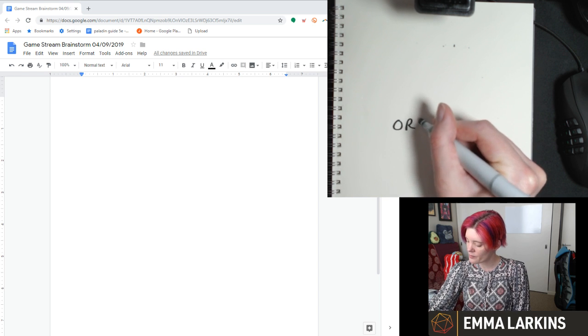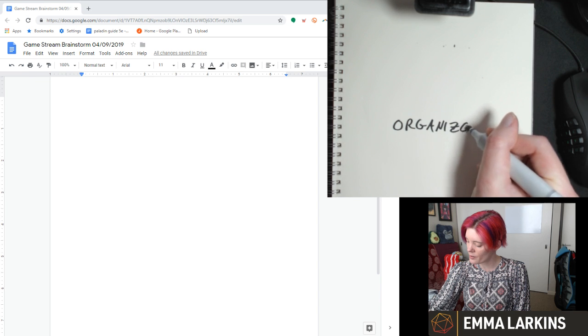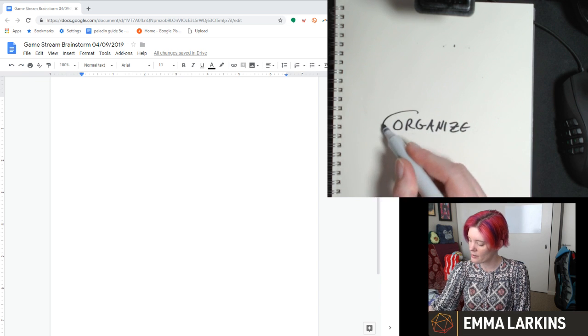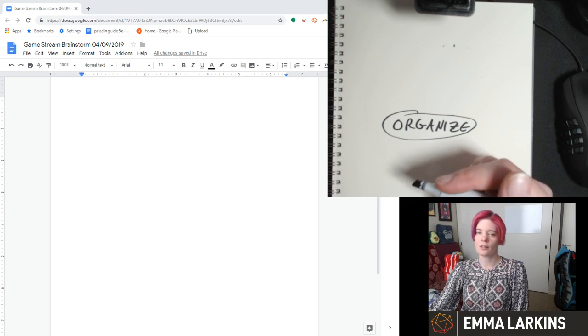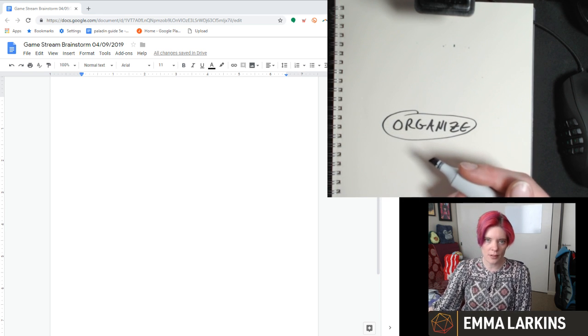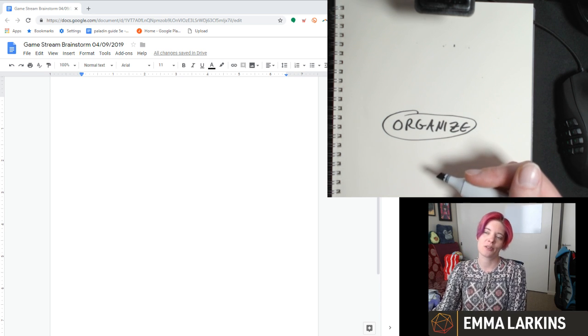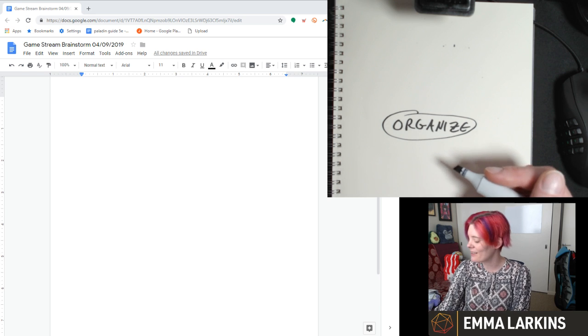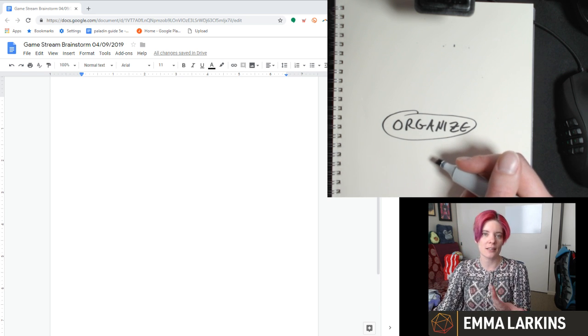Alright, so we'll just start off with the word organize here. I like to talk a little bit about mind mapping in general every time I start. Hopefully you're not getting too tired of that. Mind mapping is a really cool brainstorming technique that makes it a little easier for you to come up with concepts organically.